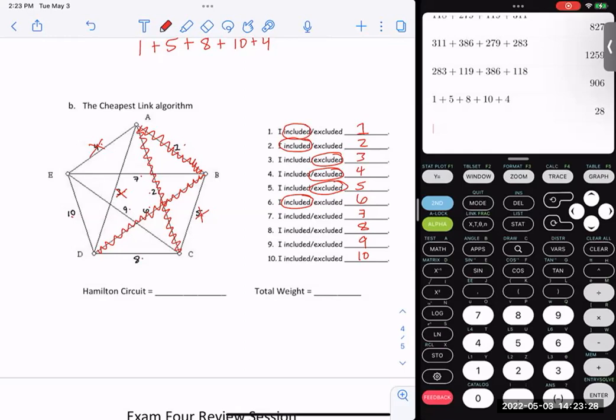Can I include the 7? Yeah, so that one doesn't work. If I included 7, that would give me 3 edges out of vertex B. So I can't do that one. Does 8 work? That's maybe another tricky one.